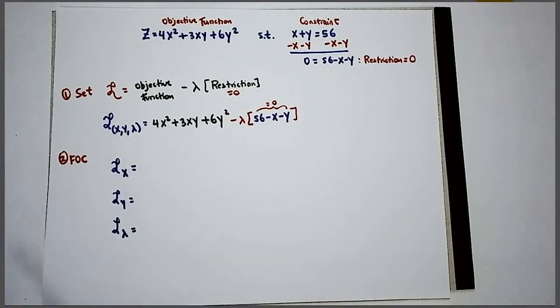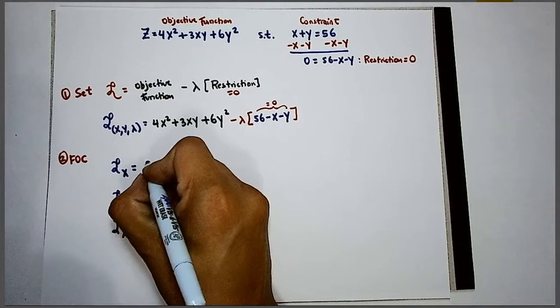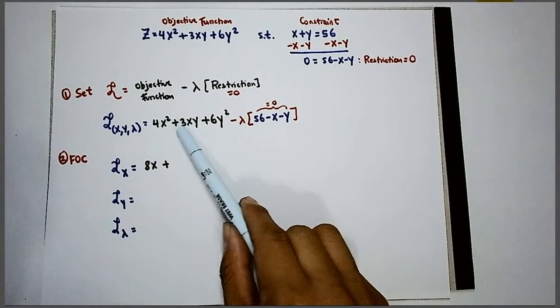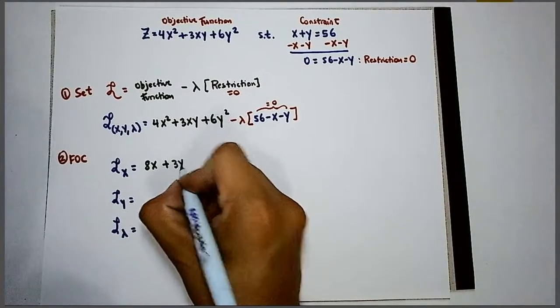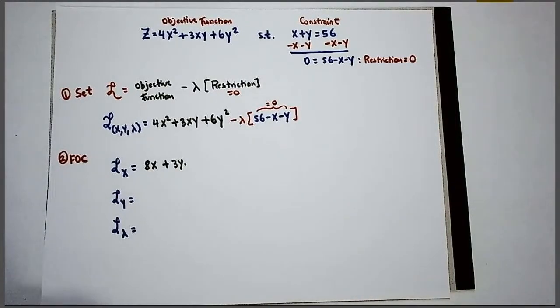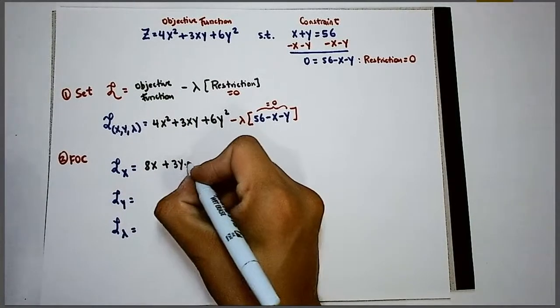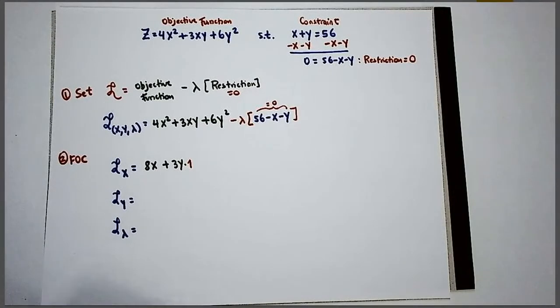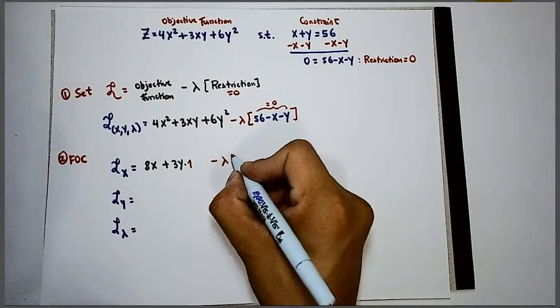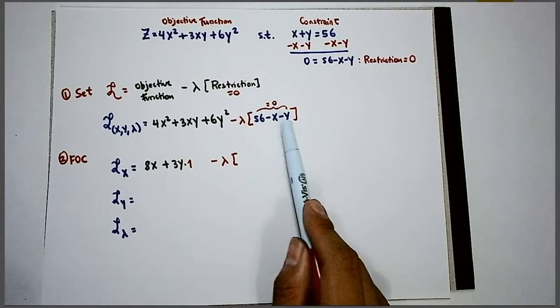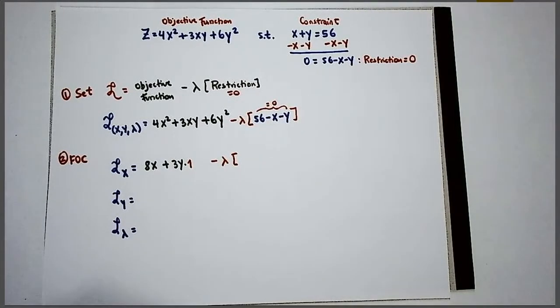With respect to x, this is 8x plus, here the constant part will be 3y, times the derivative of x with respect to x, which is simply 1, and then minus lambda times the derivative of this expression with respect to x, which is simply minus 1.